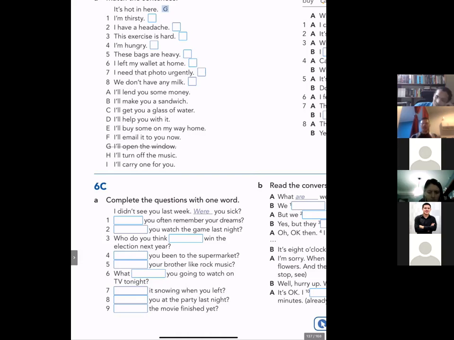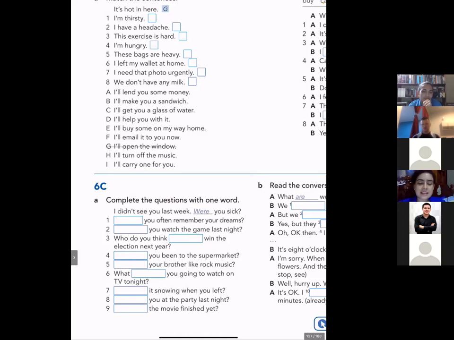That is a good question, teacher. I don't recognize that. It's okay, don't worry. Does anybody know? The question is in number 8. We said, were you at the party last night? So my question to you is, why are we using were and not any other verb? Last night is not a verb.